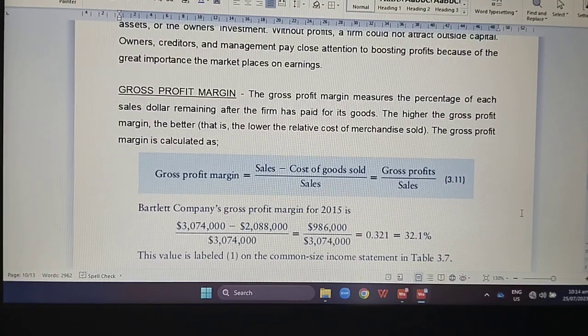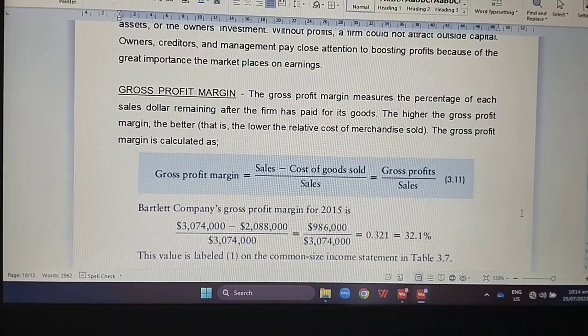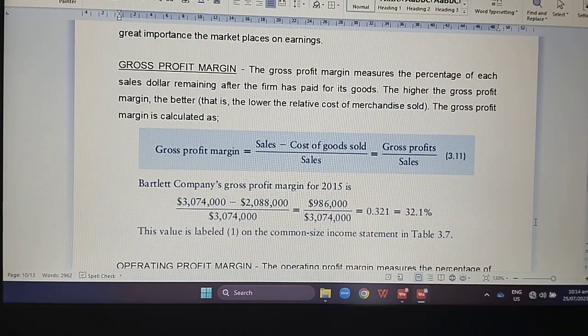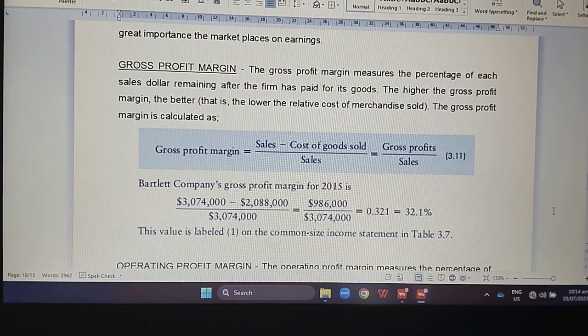Okay, so ganito siya. Gross profit margin is sales minus cost of goods sold over sales. So, dun sa example nga natin, it is 32.1%.